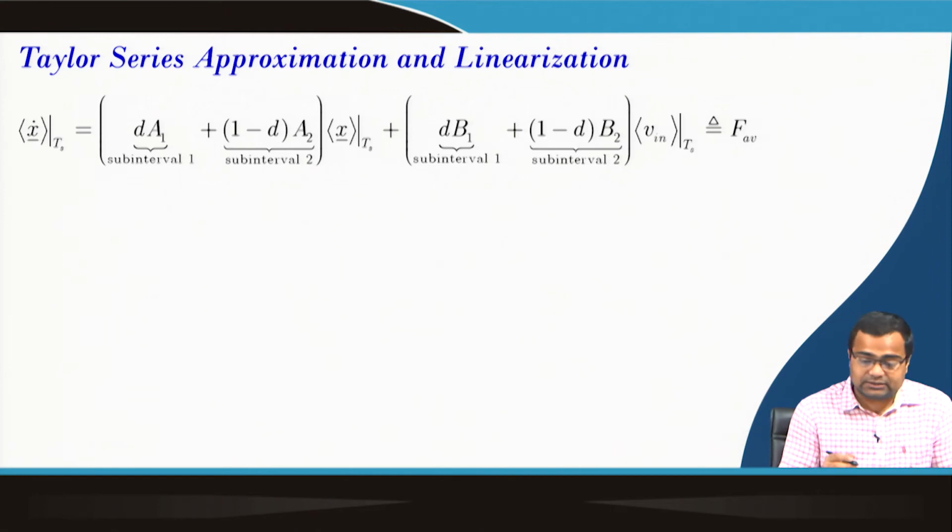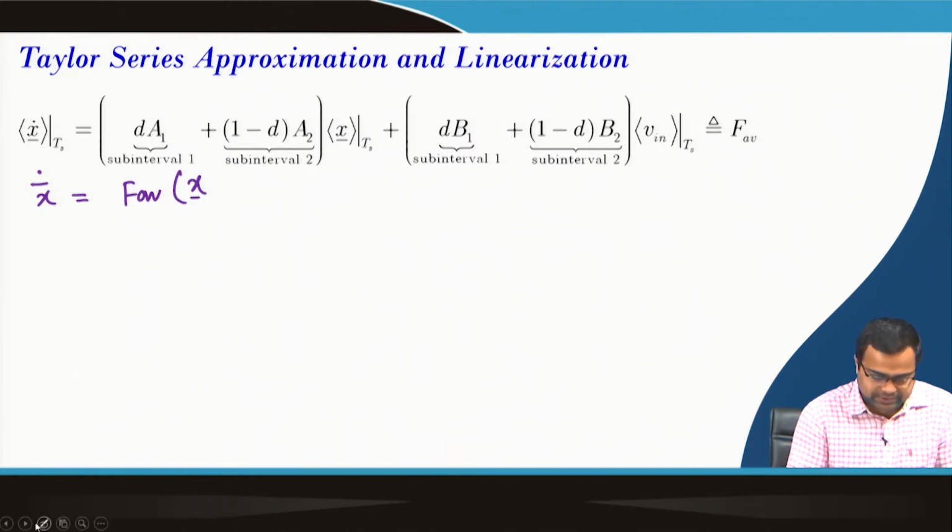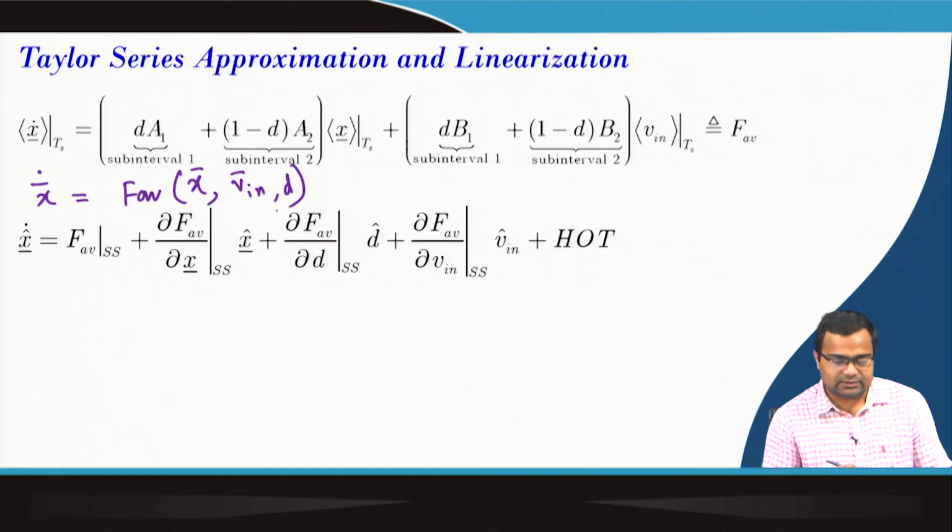This is the original model, where x dot is nothing but F average, which is a function of x dash, V in dash, comma d.